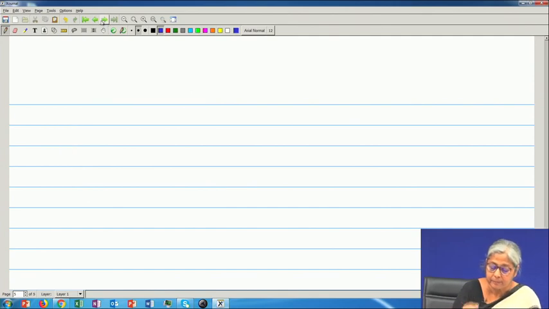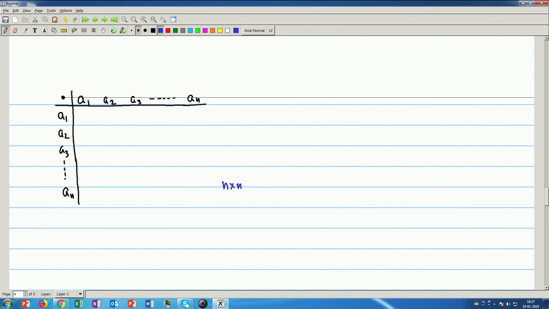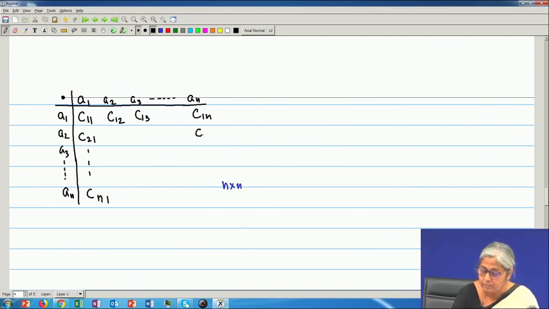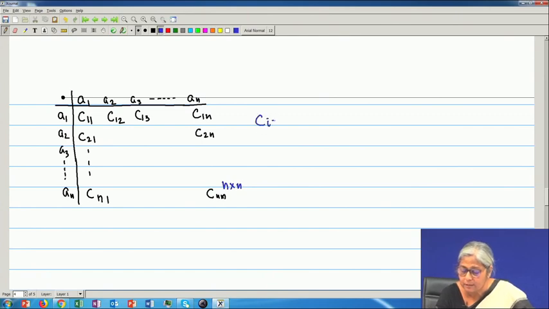If we represent the elements after the operation A1 dot A1 as C11, C12, C13, C1n, similarly C21, then Cij is Ai dot Aj.